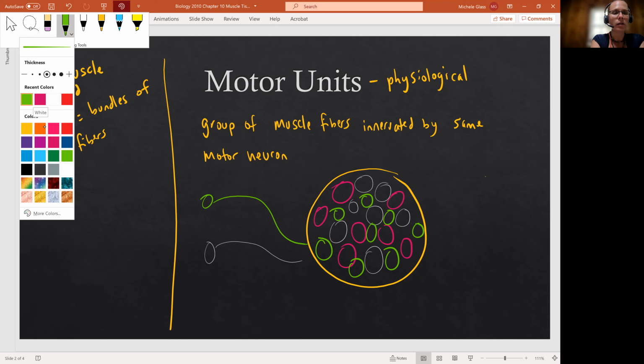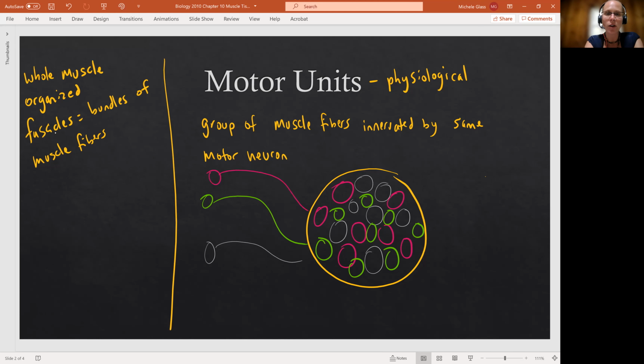And then maybe I have my pink motor neuron synapsing onto all those pink muscle fibers. And so the point here is that you have several cells connected physiologically because they're all being controlled by the same motor neuron, meaning if an action potential is traveling on the pink neuron, all of the pink muscle fibers are going to be stimulated.